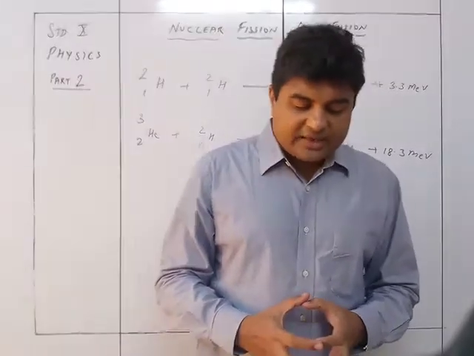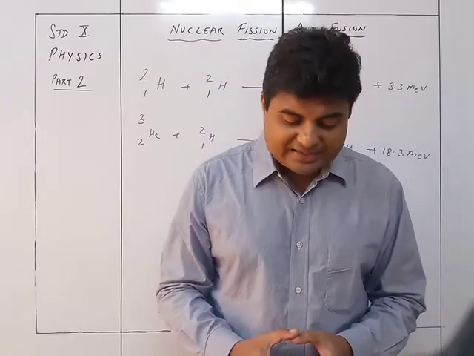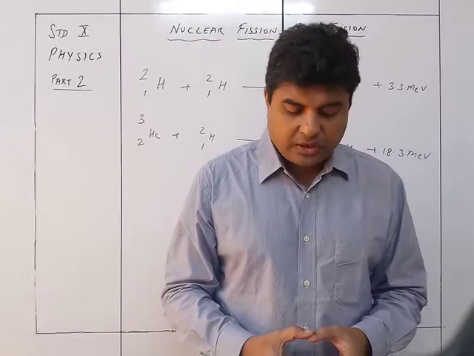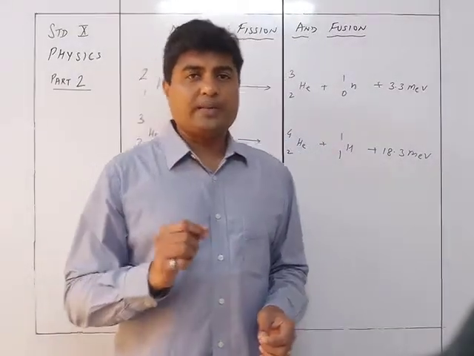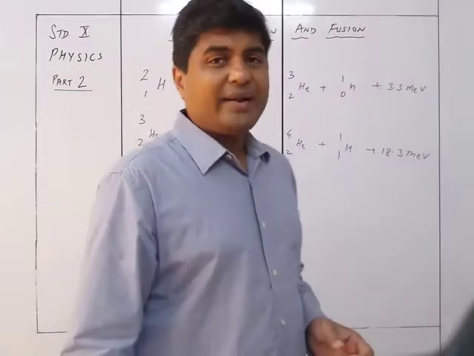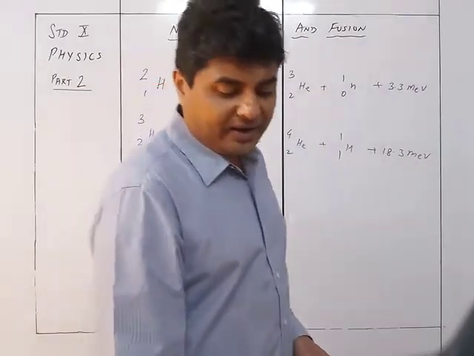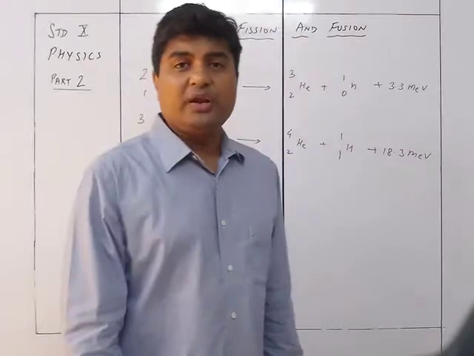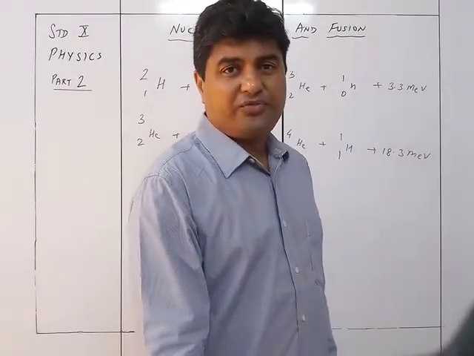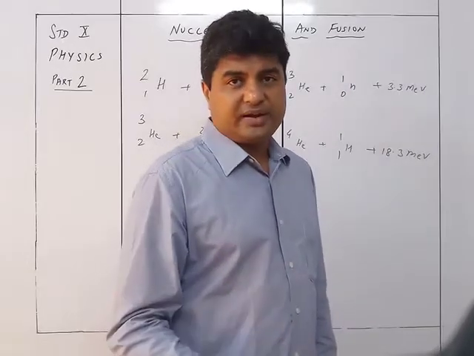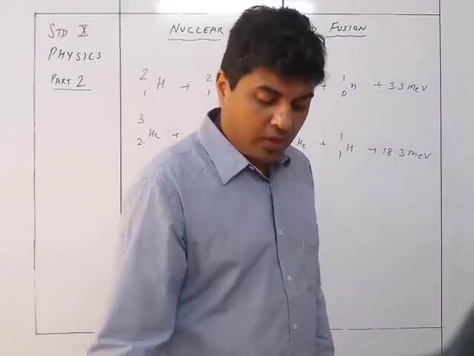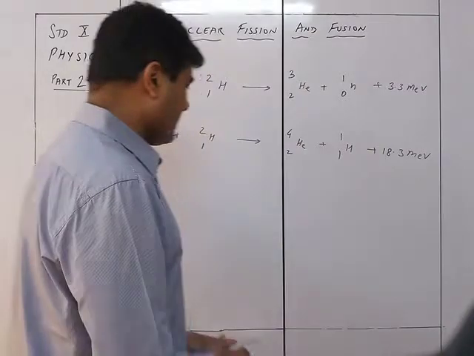Although it appears that the energy released in nuclear fusion is much less than that released by nuclear fission, indeed it is not so. Now this is something you need to understand properly. What we understood up till now was that in nuclear fission, the energy generated per 1 AMU was approximately 190 mega electron volts.